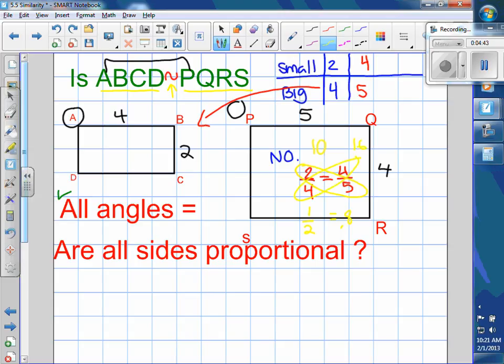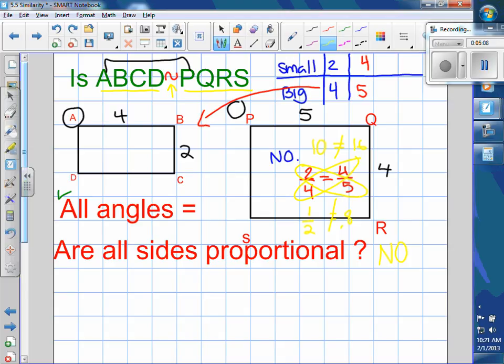And 16, and those are not equal. So we say the sides are not proportional. That's how you justify it with a cross product or benchmark fractions. You can do either. Benchmark fractions have to be equal, and they're not, or the cross product has to be equal. Raise your hand if that makes sense.